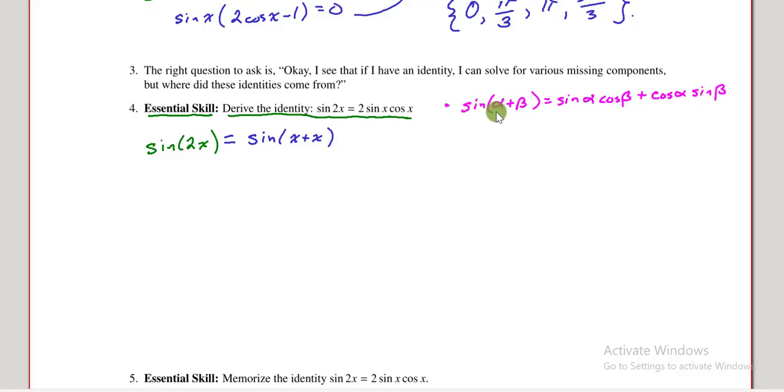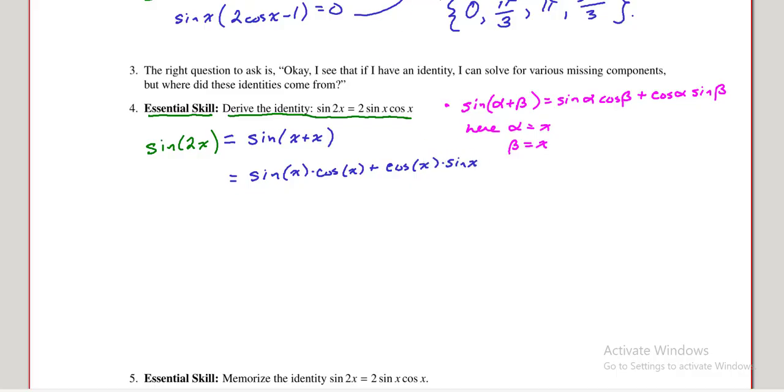So I'm making use of this identity from our last unit. And here, what's kind of interesting is both alpha and beta are going to be the letter x. So here, alpha equals x and beta equals x, and I'm just going to follow this formula. So let's give that a shot. When I do so, we would have the sine of x times the cosine of x plus the cosine of x times the sine of x.